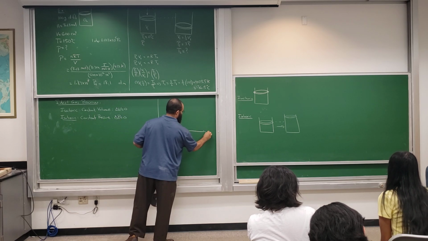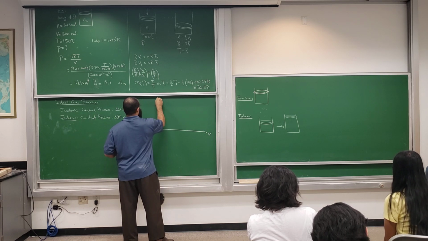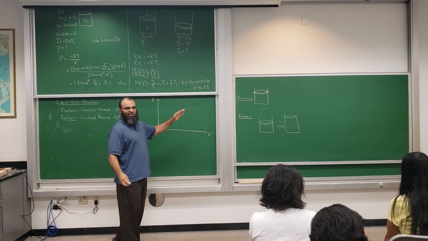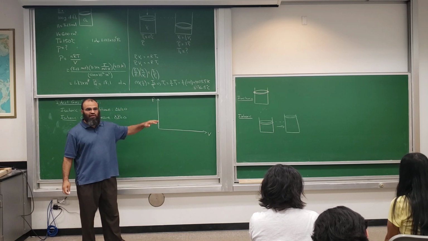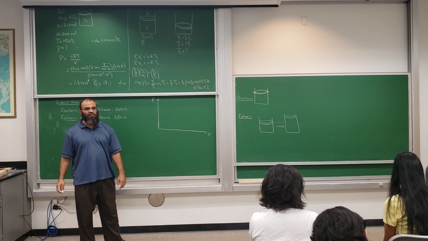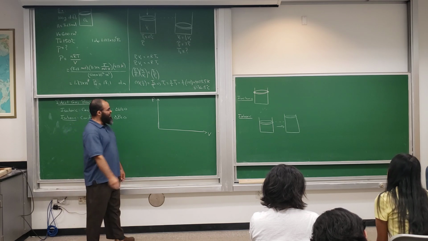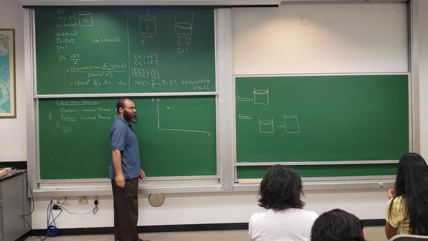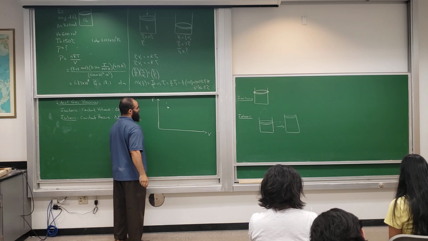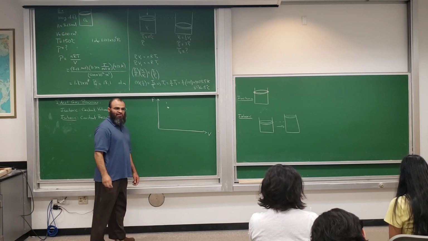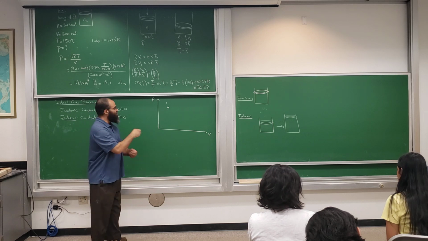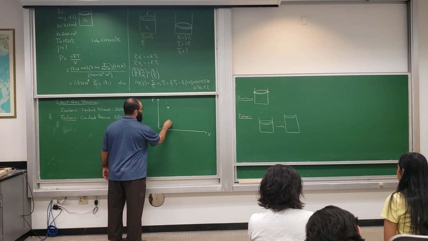This is the V-axis, and this is the P-axis. It's called the PV diagram. Just like an XY graph, X versus Y, this is P versus V, pressure versus volume. So let's say the gas had this volume. And let's say I heat up the gas, or cool down the gas, and do this to it.